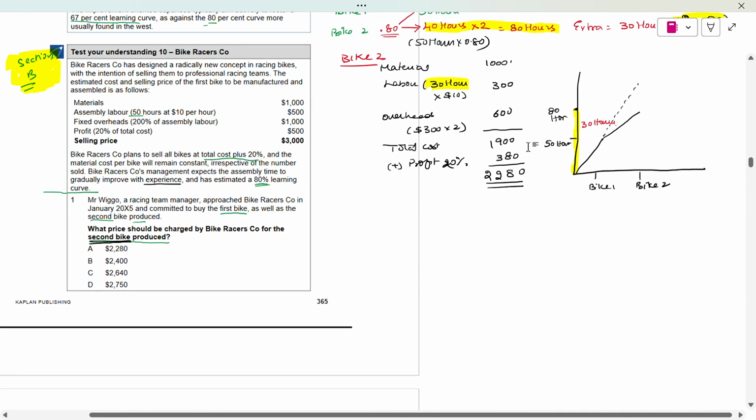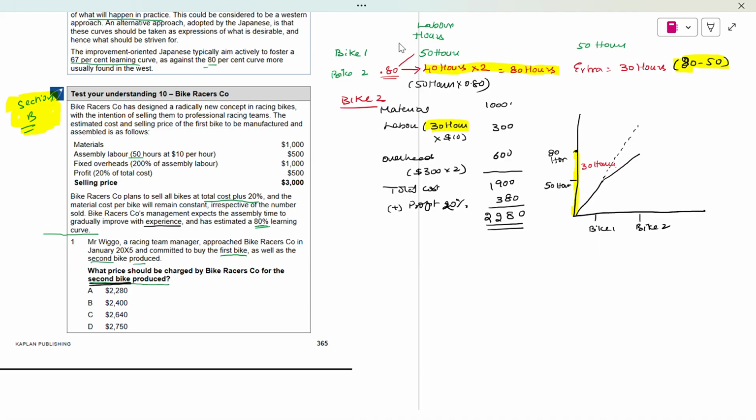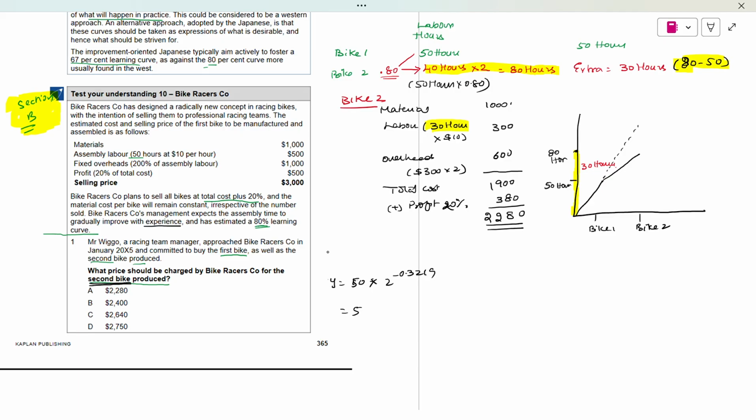Okay, and if you take this one also, how much will we get? You do here also. How much is y equal to 150 plus 50 times 2 to the power of 0.3219? 50 times 2 to the power of minus 0.3219, times 50.